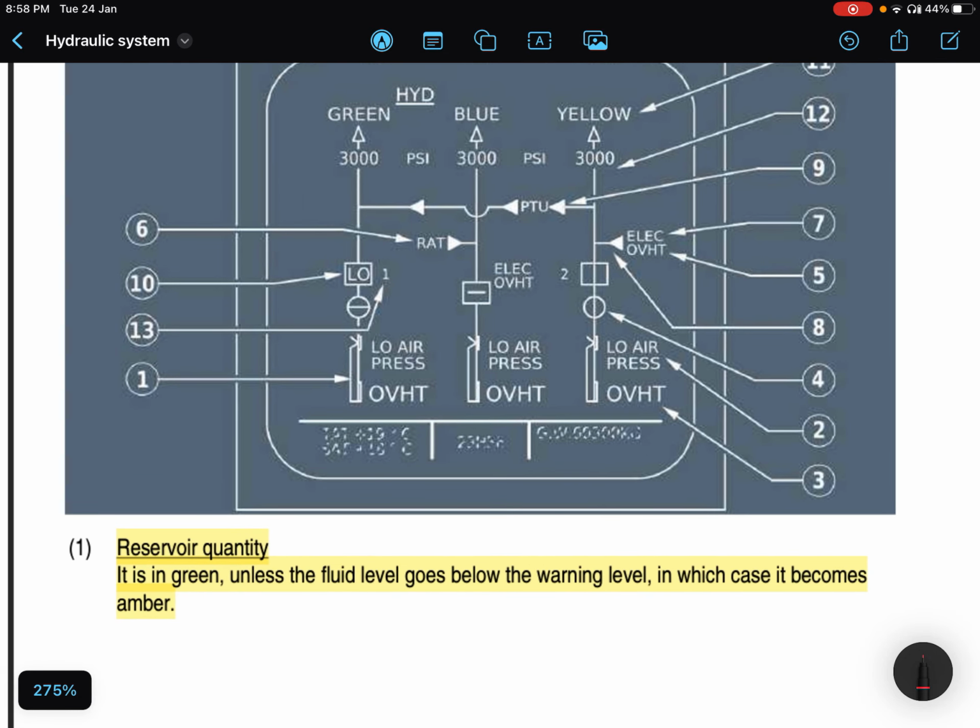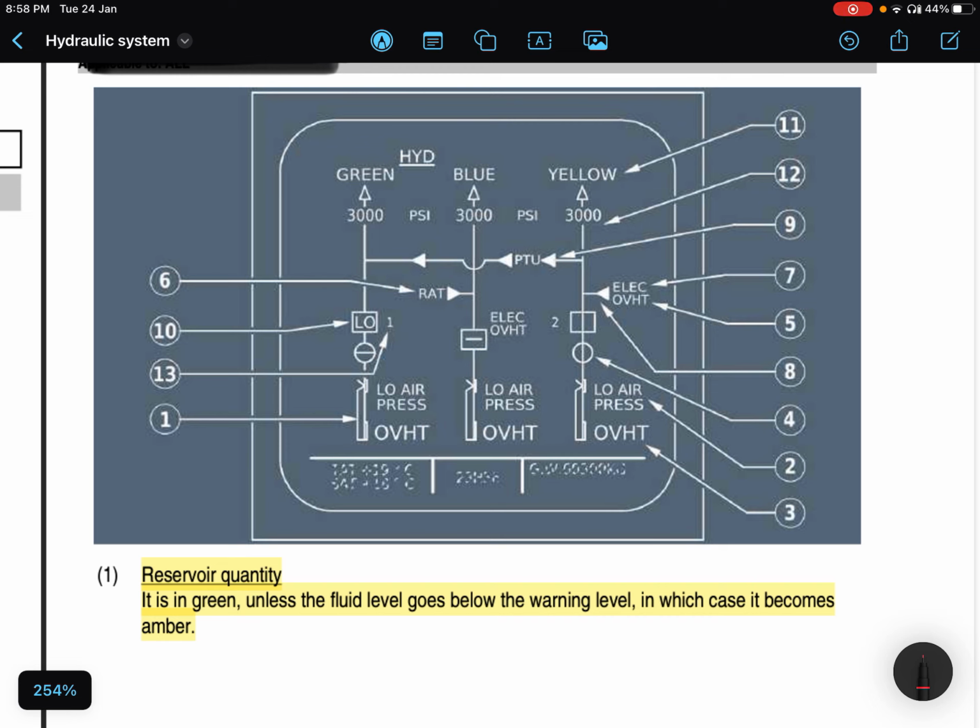Okay, so if the reservoir's fluid temperature is high, then the overheat indication comes here. If the pressure to pressurize the reservoirs is low, then here low air pressure comes, right? This is electric pump overheat.